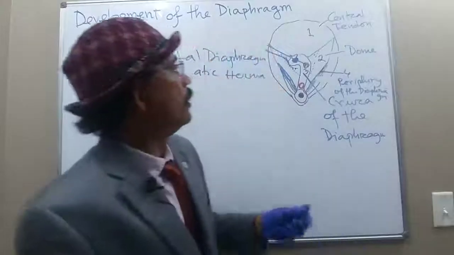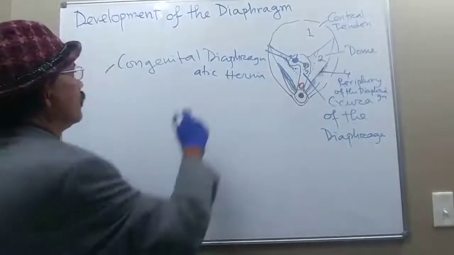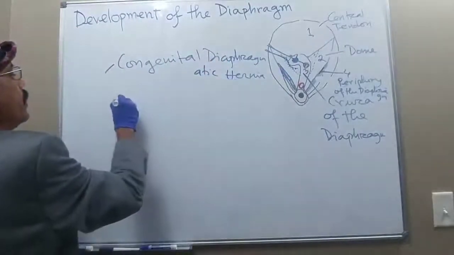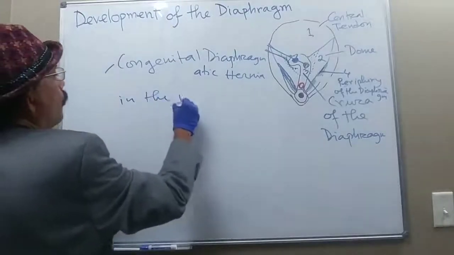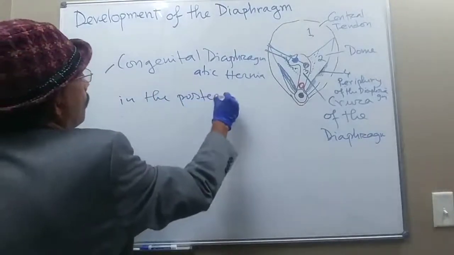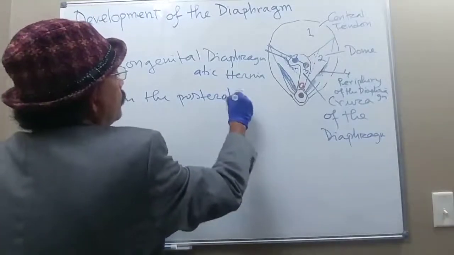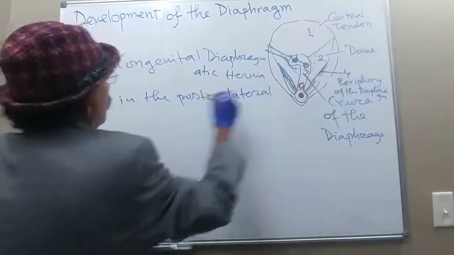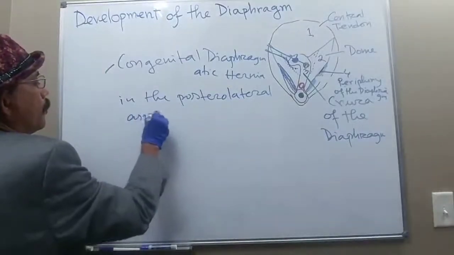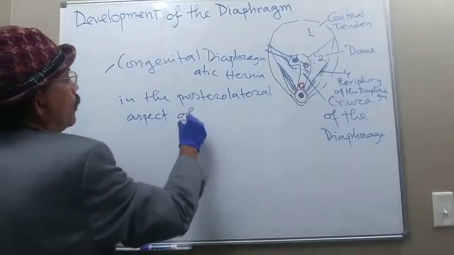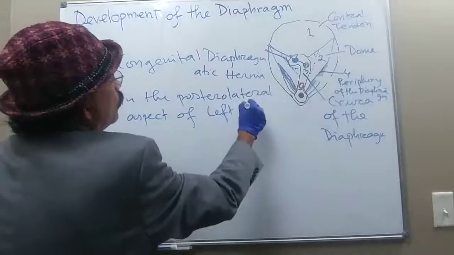So that's why there is more chance of congenital diaphragmatic hernia in the posterolateral aspect of the left dome of the diaphragm.